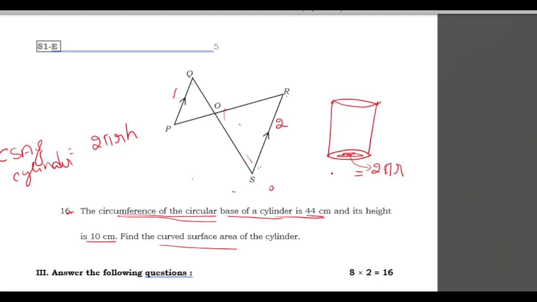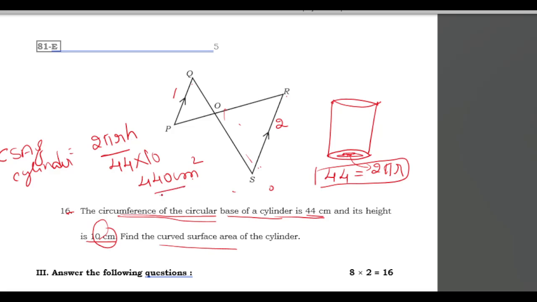The 2 pi r value is 44, so in place of 2 pi r we can write 44. Multiplied by h, which is 10. So 44 into 10 is 440 centimeter square. This is the answer.